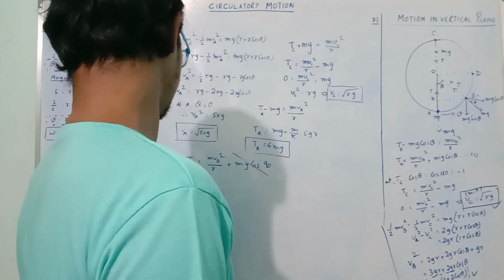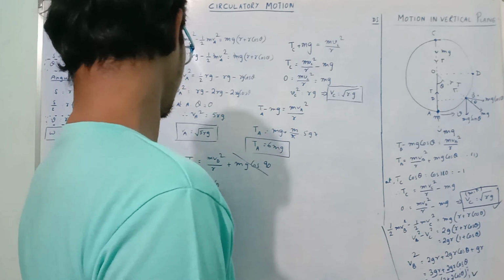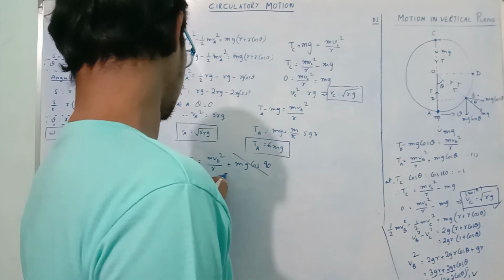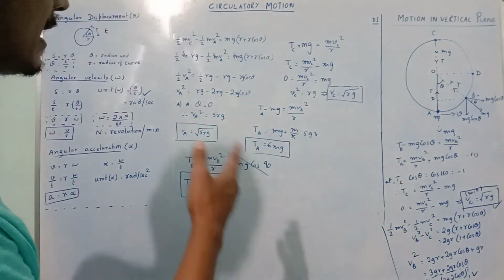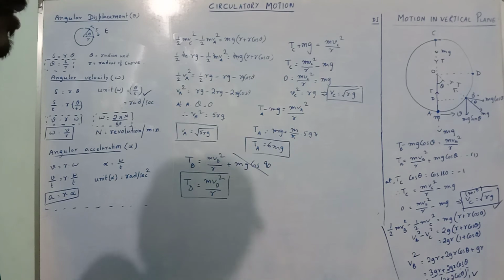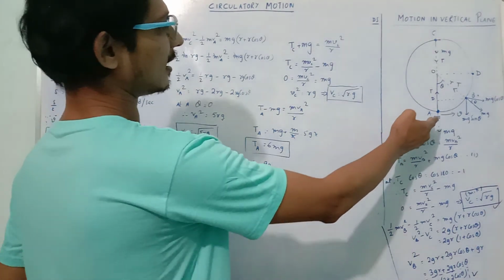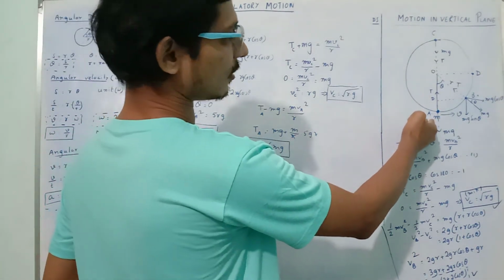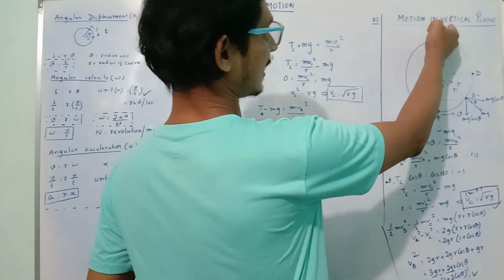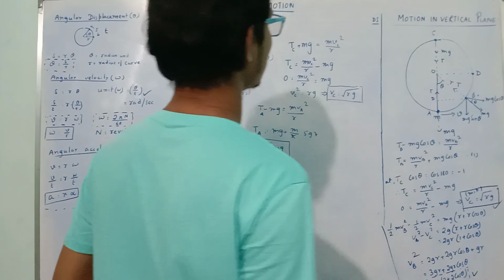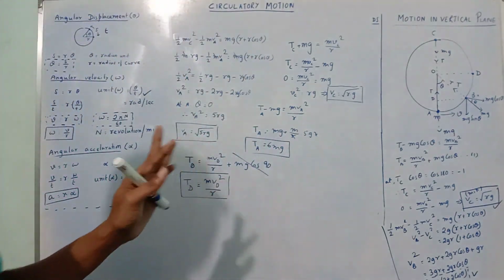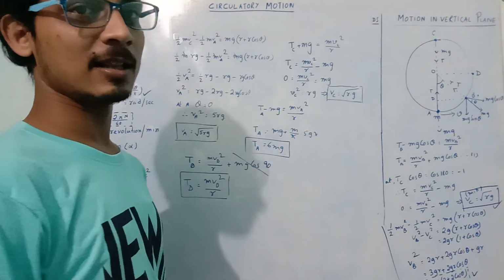So TD will become mvd square by r. This is your tension at D. So by means of this calculation we can calculate the minimum velocity at the lowest point, the maximum velocity at the highest point, the tension at the lowest point and the tension at the highest point. This is all about motion in a vertical plane.